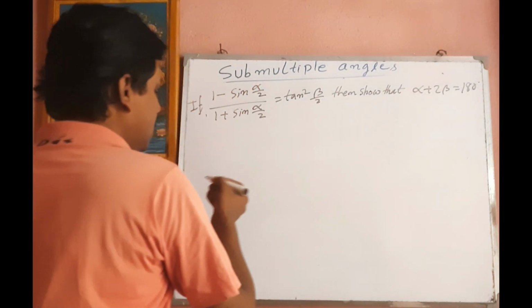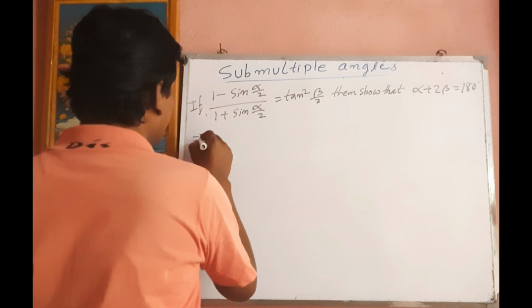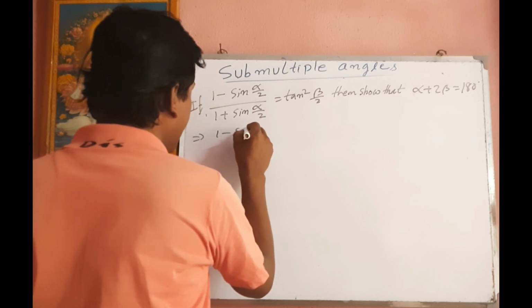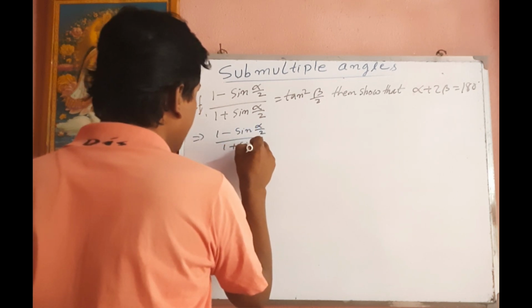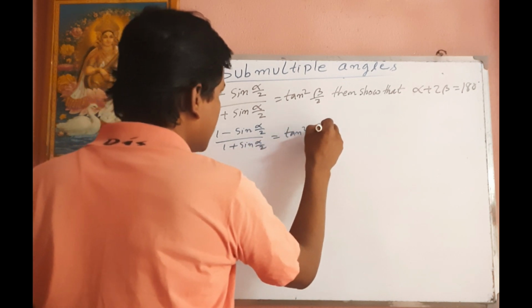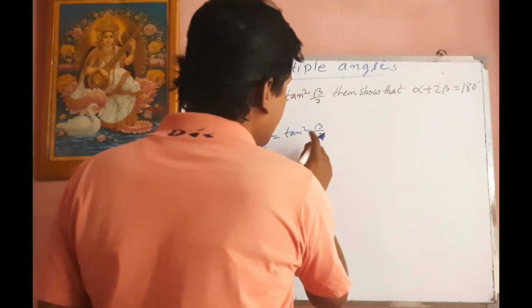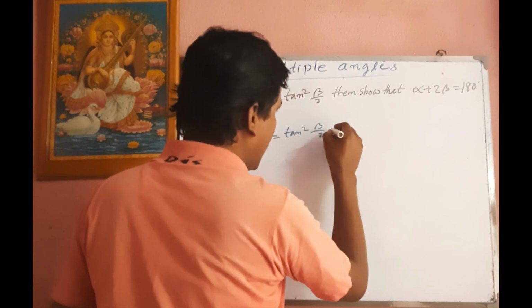According to the given information, we can write 1 minus sin of alpha by 2 over 1 plus sin of alpha by 2 is equal to tan square beta by 2.